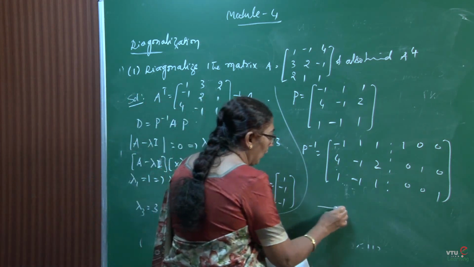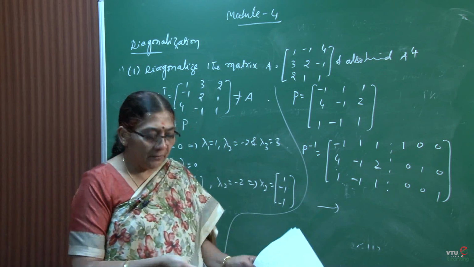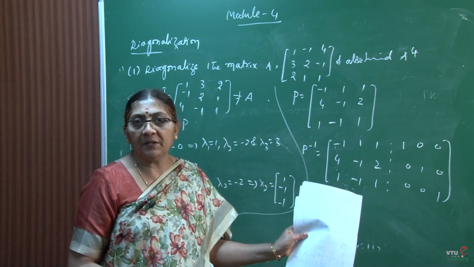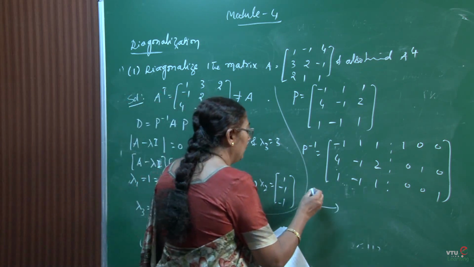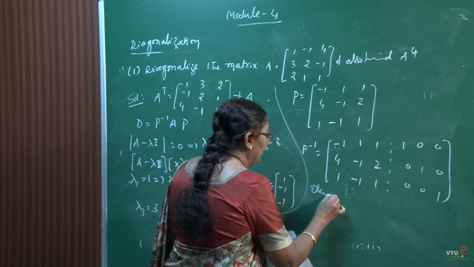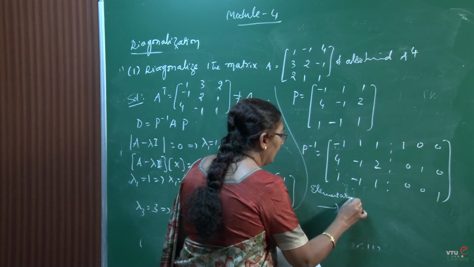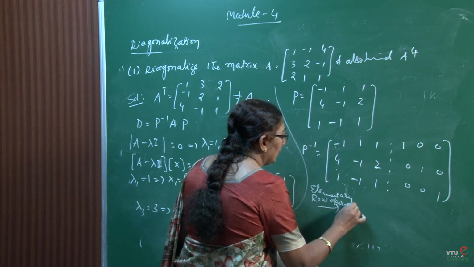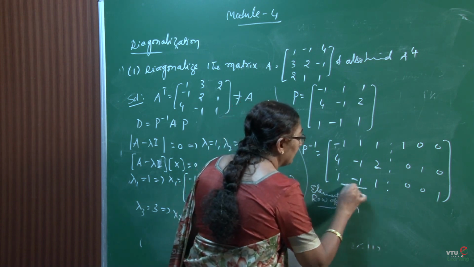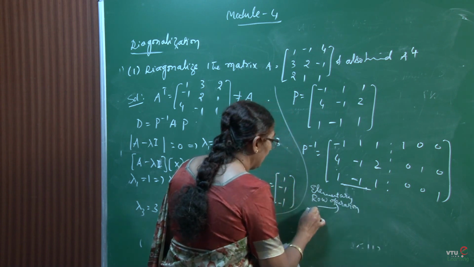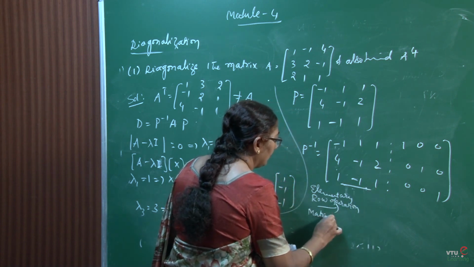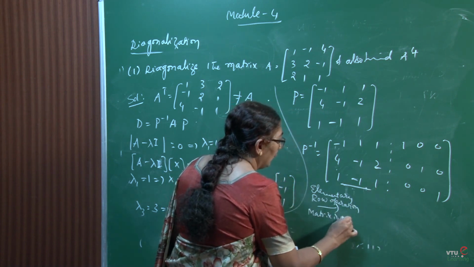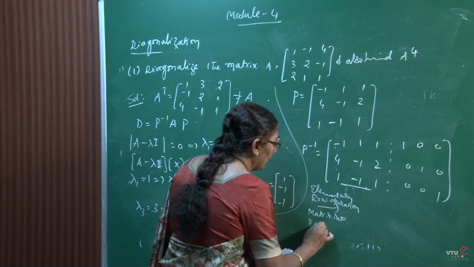Now I am going to share my notes. In the notes I already did every step. We use elementary row operations to convert this matrix into row reduced echelon form.